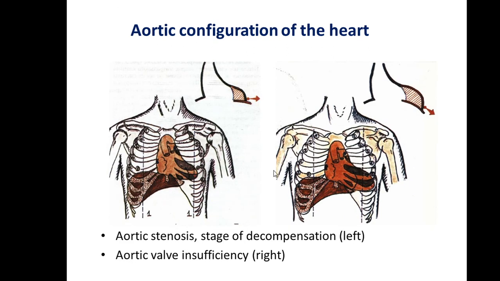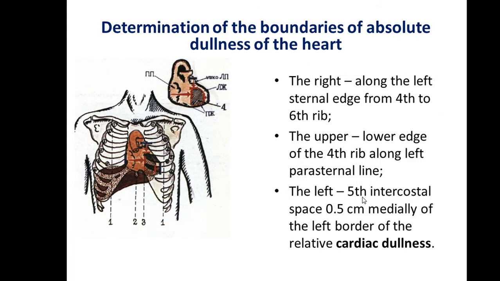Aortic configuration of the heart occurs in aortic stenosis or aortic regurgitation, and you see, because of enlarging of the left side, we detect an aortic configuration of the heart.